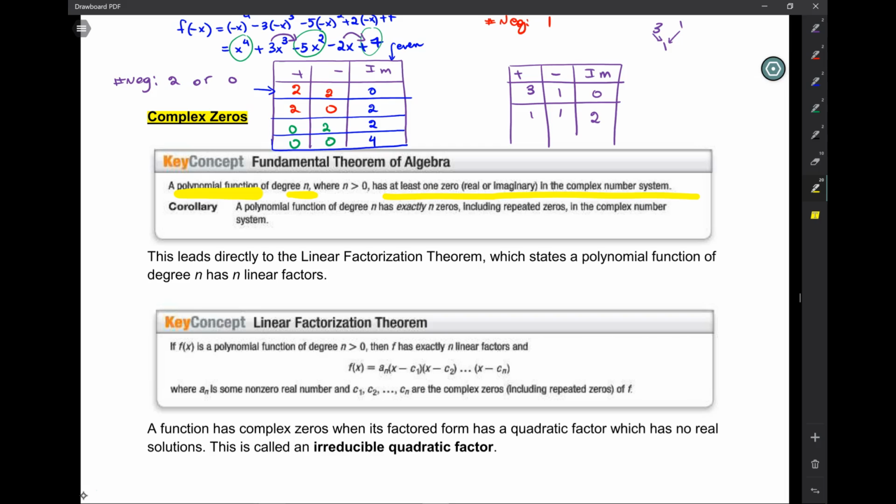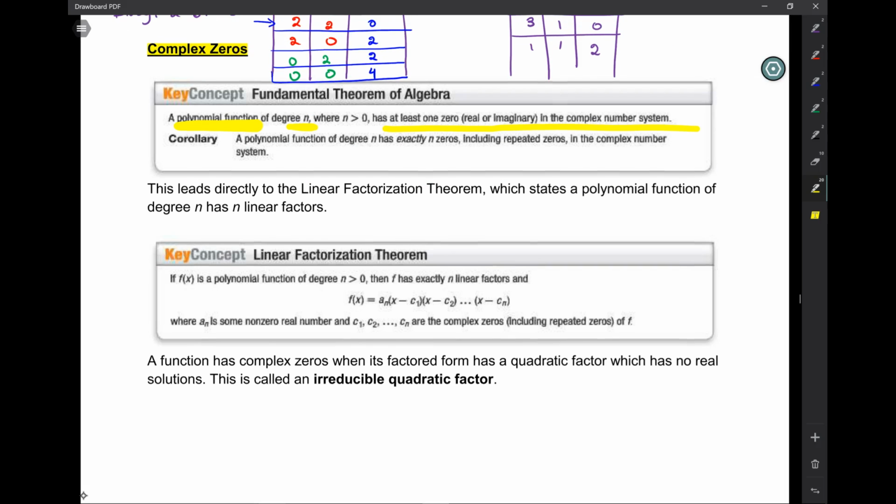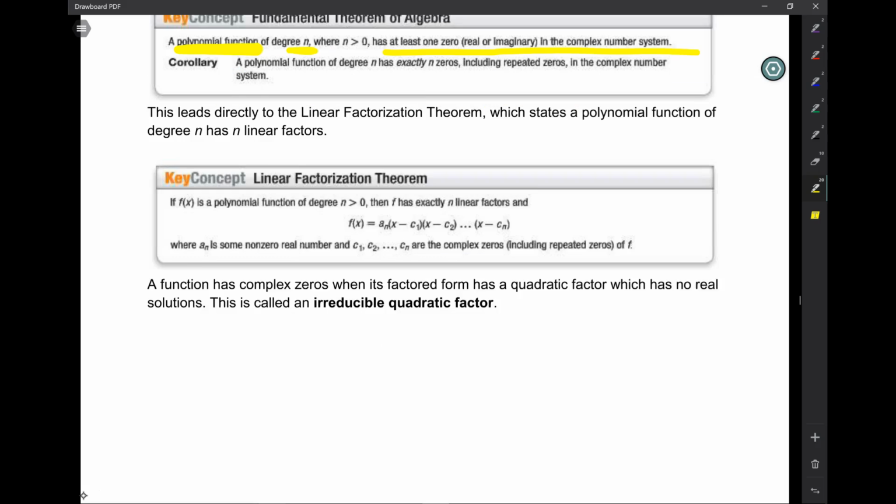So basically it's saying if you have a polynomial function where the highest exponent is greater than 0, it's got to have a solution. That's it. Can you think of a polynomial function that doesn't cross the x-axis? I can't. Right? Or that doesn't have an imaginary solution. It's the fundamental theorem of algebra. So every single polynomial has at least one solution.